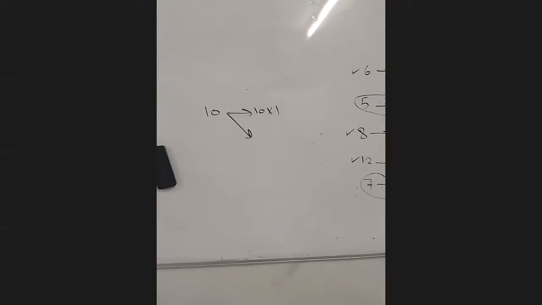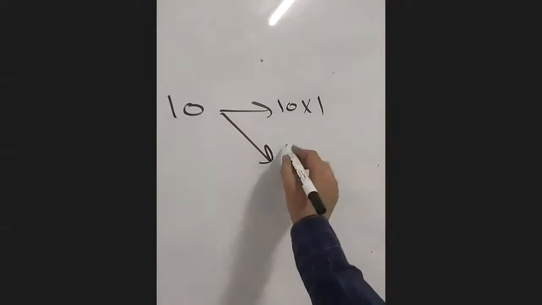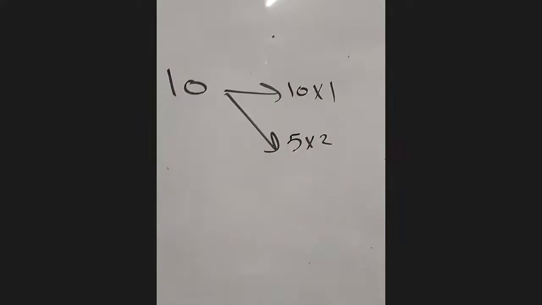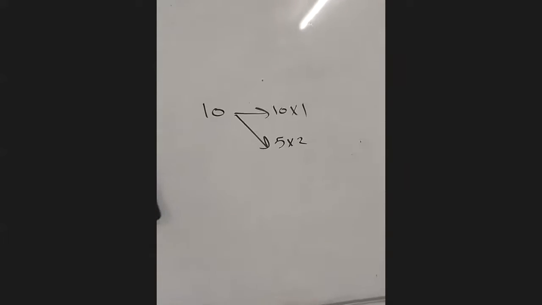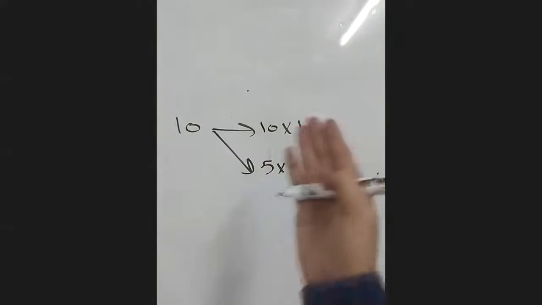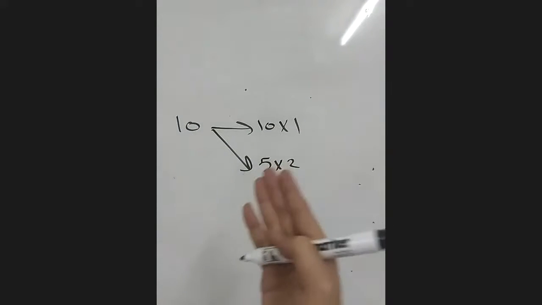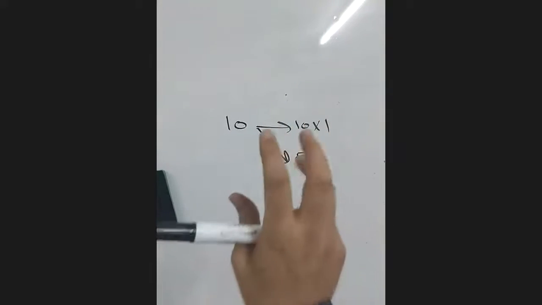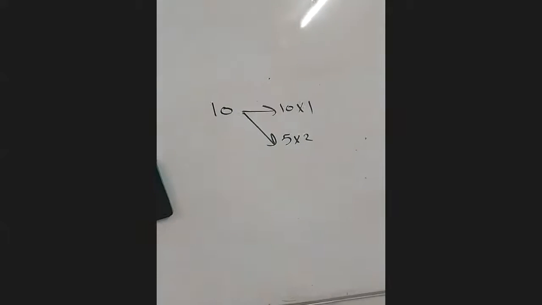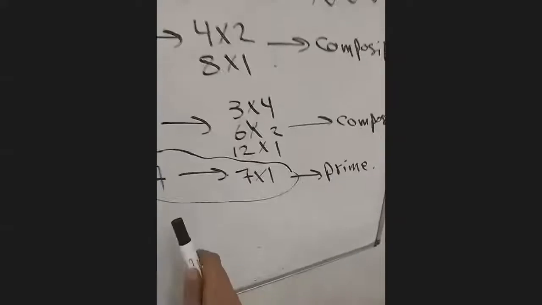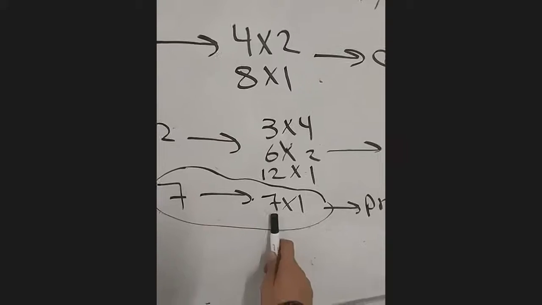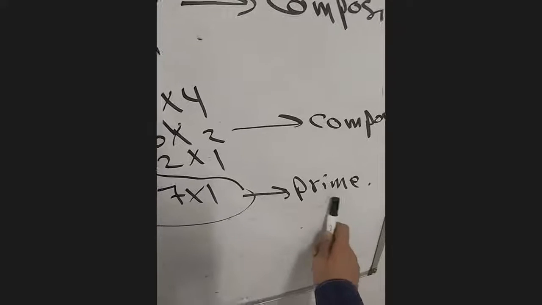Don't take time. Quickly with me. Now, the 10 has 10 by 1, 5 by 2. What do we call it? A prime or composite? Composite. But the others like 7, if we have only the number and 1, we call it what?